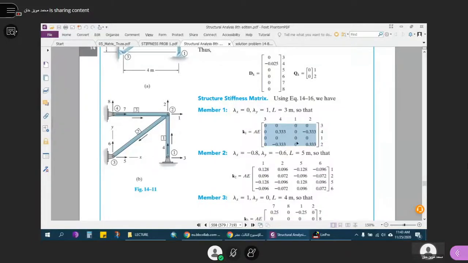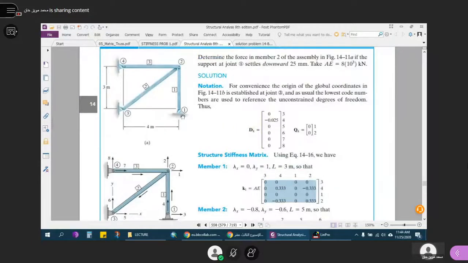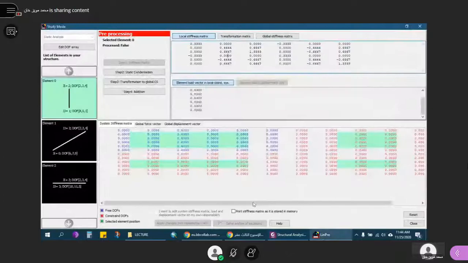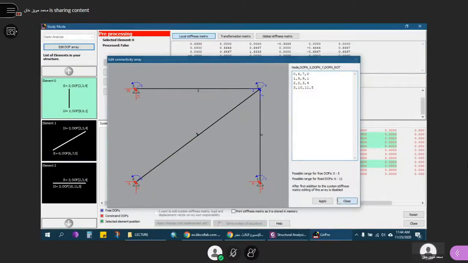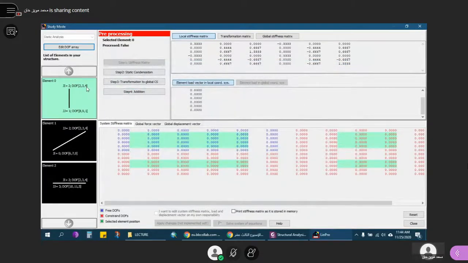So what do we have here for element 1? Vertical we have 4. So here we have vertical element 2, 3, 4, 8, 9, 1. So what do I not need? I don't need 4 and 1. That means I don't need the last row, the last column, the third row and the third column. So I will eliminate this third and the last.